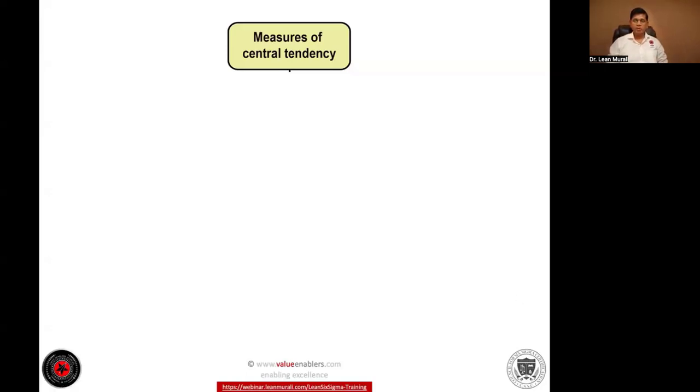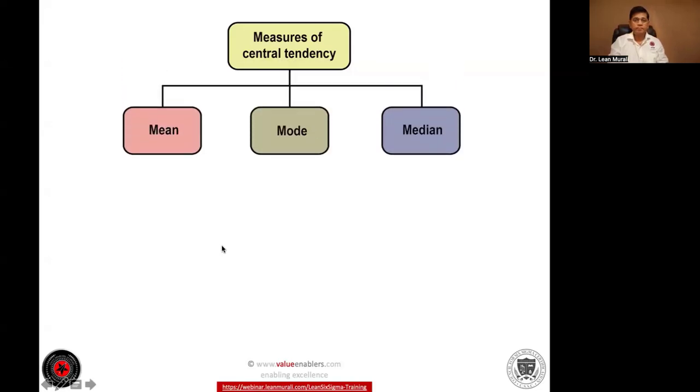Any data has a central tendency, and any data has a spread. Be with me. There are three measures of central tendency: mean, median, and mode. All of you type M in the chat box.